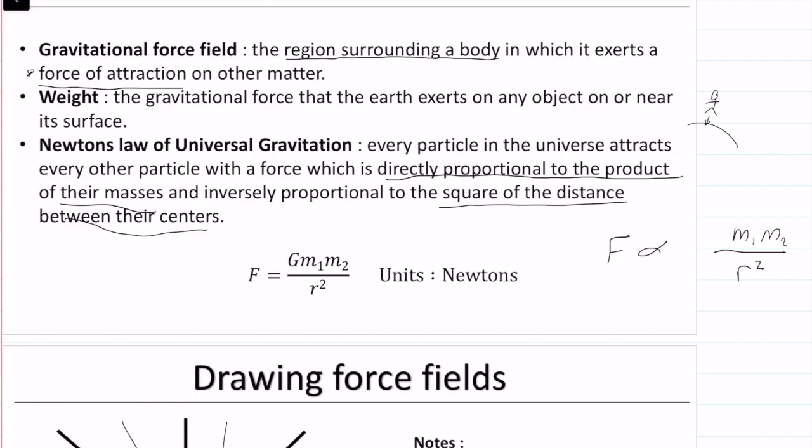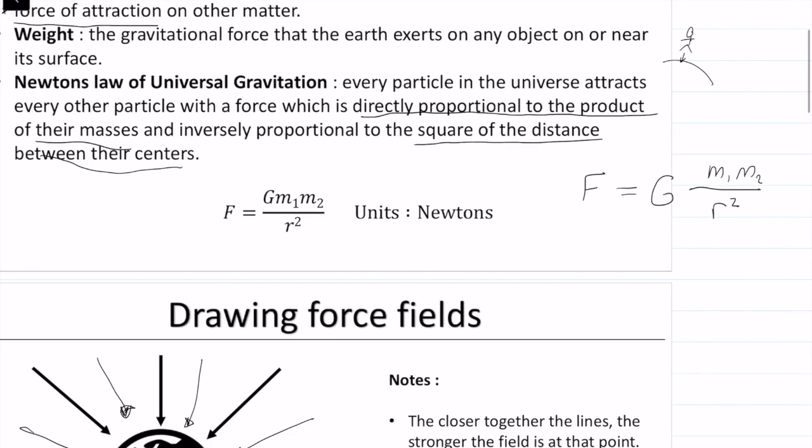And we can change this proportion sign to an equal sign if we introduce G, which is the gravitational constant. The gravitational constant has a value which obviously does not change.